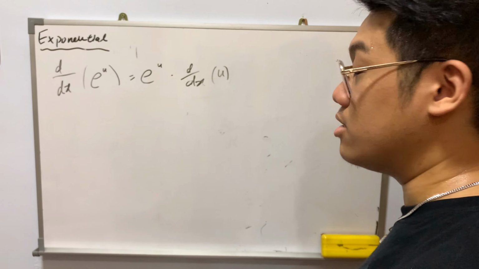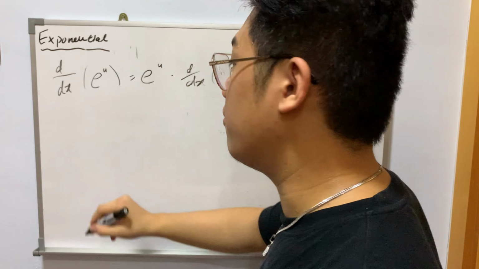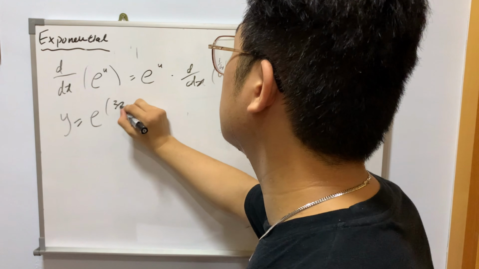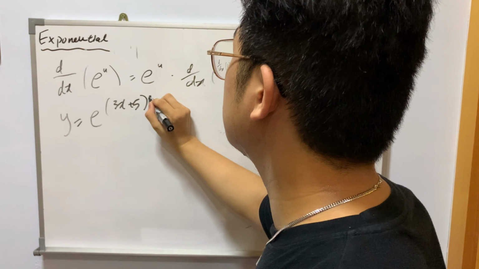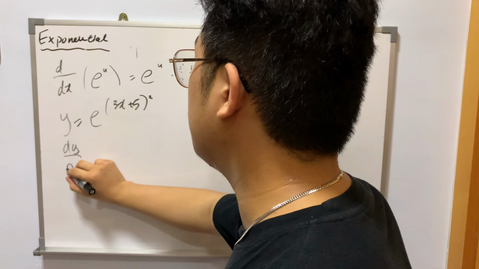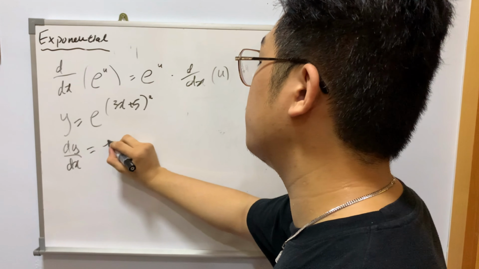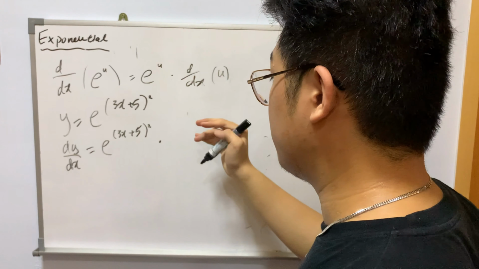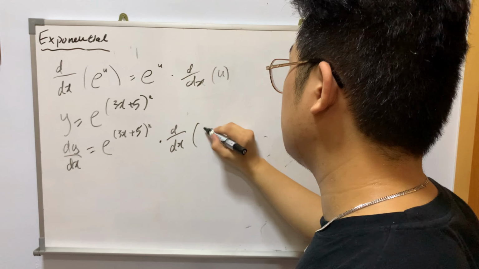Now let's try another equation that's a bit more challenging. Here we have y equals e to the power of (3x plus 5) squared. By using the same formula, dy over dx would equal, rewrite the equation, times the derivative of whatever the power is, which is this whole thing here.